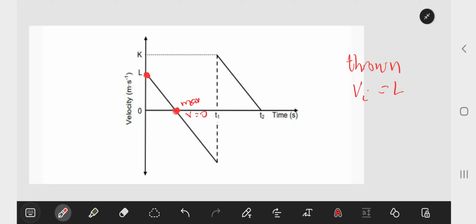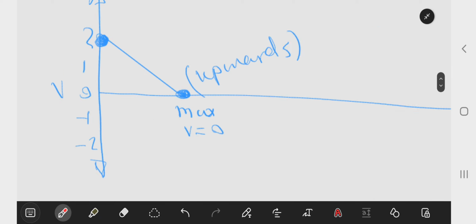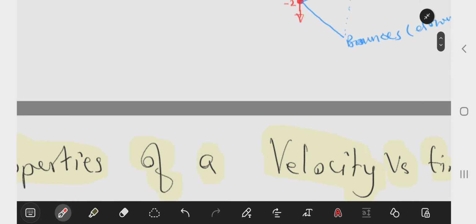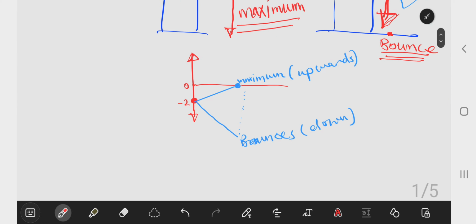It reaches maximum height first before it bounces, meaning it was thrown upwards. From what we have been explaining, if it reaches maximum height first, which is that line, then we can simply say it was thrown upwards. But if it bounces first, then it was thrown downwards.